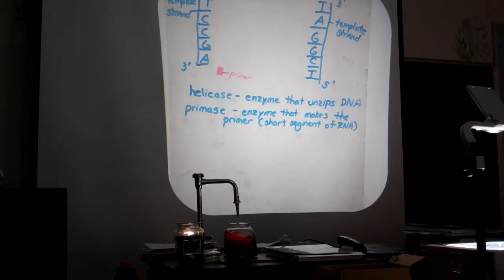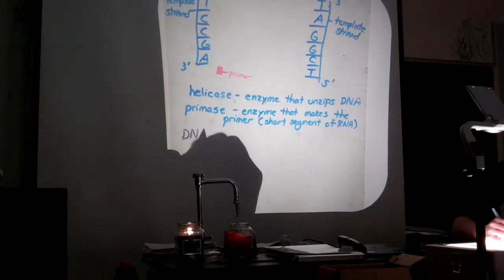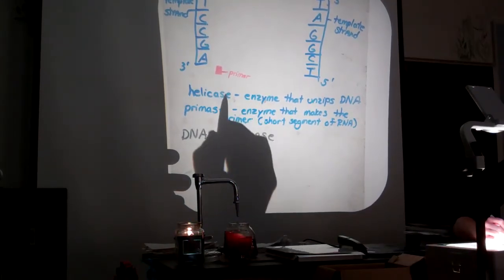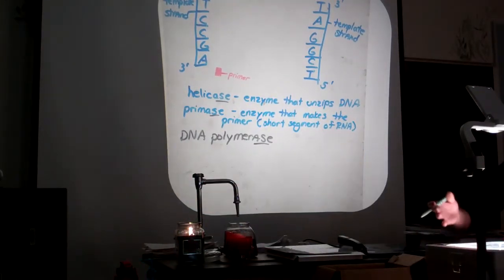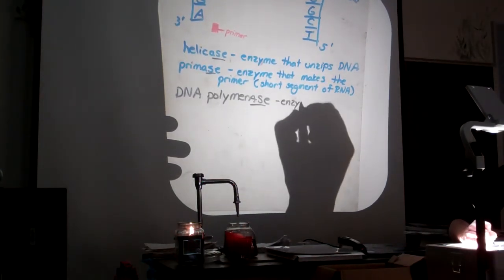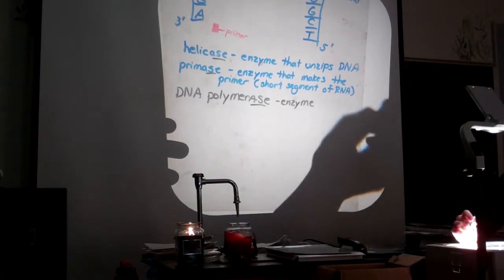Okay, here's the deal. Now that these primers are laid down, this main head honcho enzyme called DNA polymerase is going to be the main enzyme involved in this whole process.